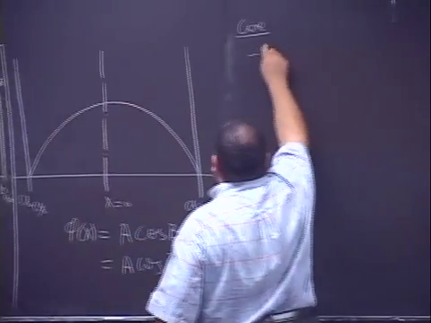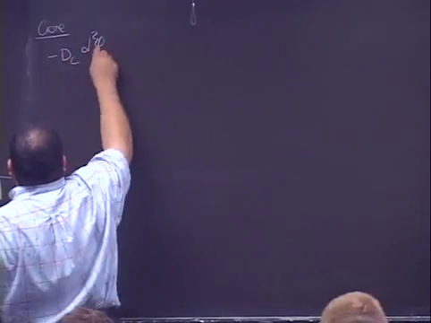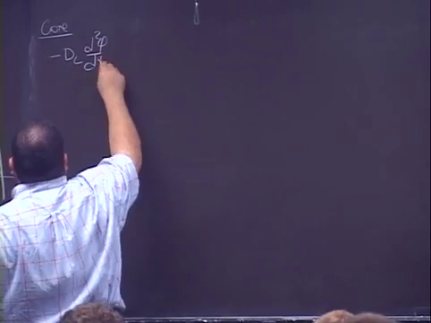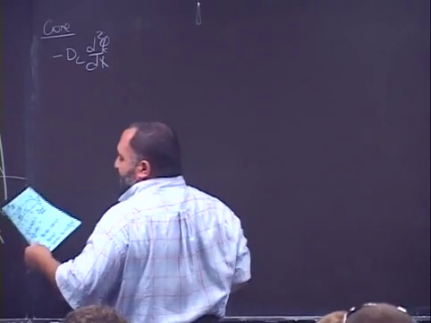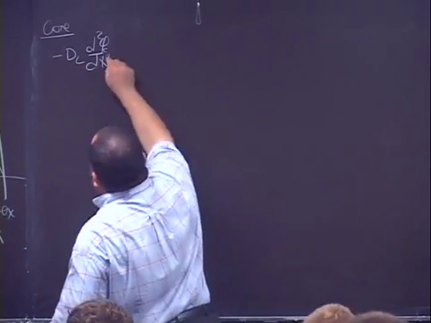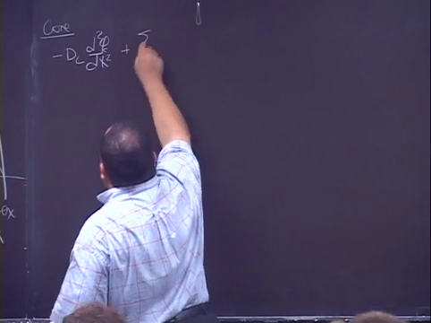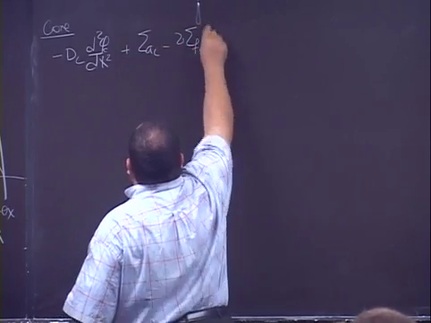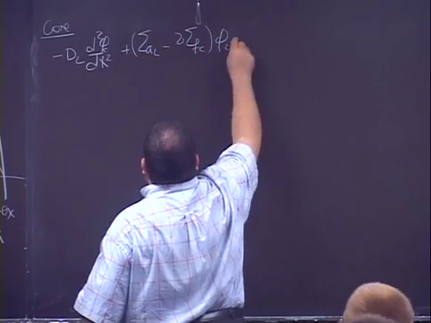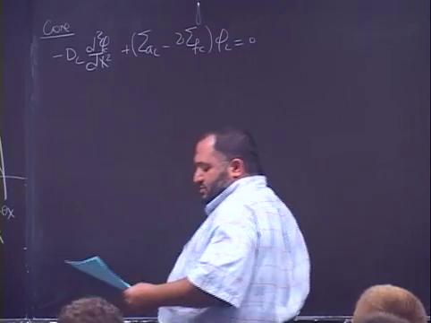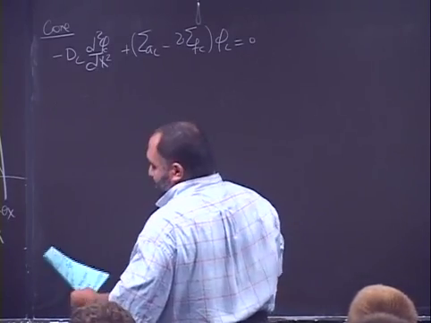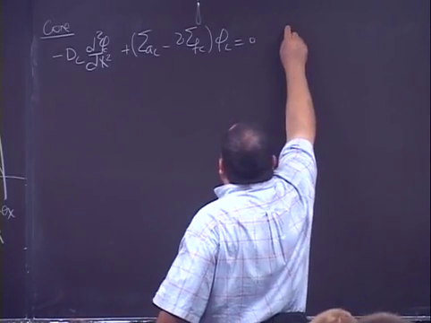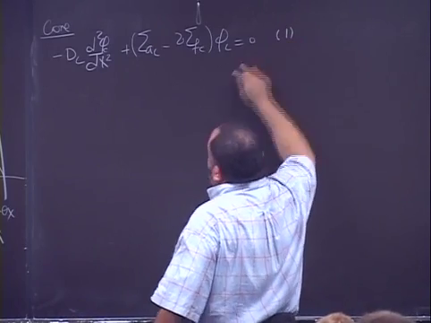So it will be negative D_c d2 phi_c by dx squared plus sigma absorption in the core minus nu sigma fission in the core, multiplied by the flux in the core, equal to 0. So this is just the diffusion equation in the core.